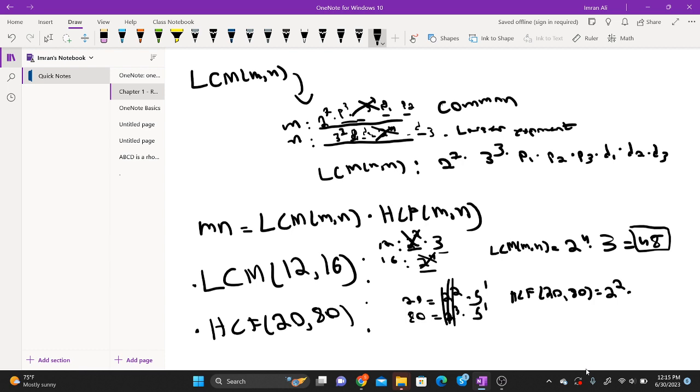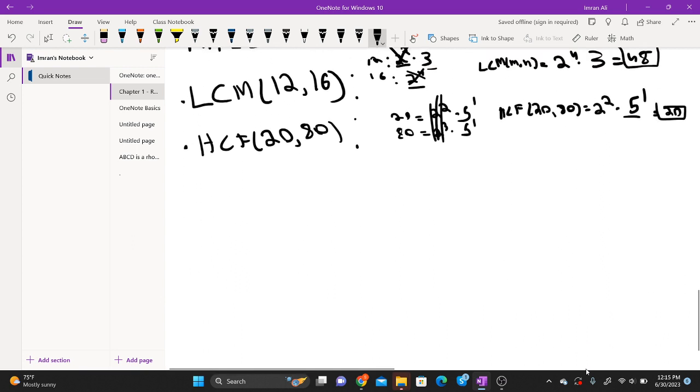So obviously we need a 5, but whenever you have equal exponents, you have to include them, right? So if I have 2 to the 1 and 2 to the 1, I just put the original 2 to the 1. Now this is 4 times 5, which is 20. Cool. So that's the LCM and HCF example right there.